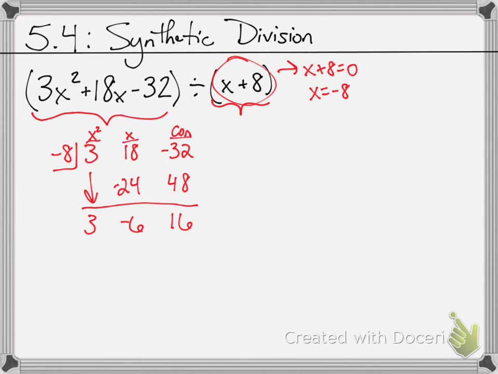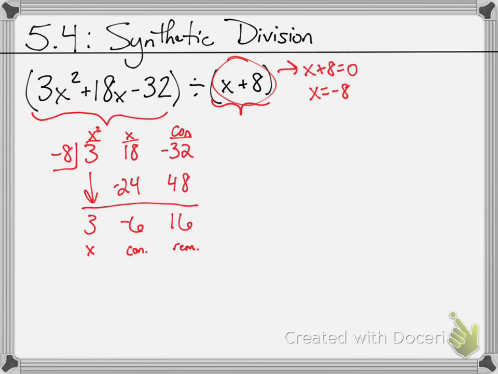My results at the bottom result in an x, a constant, and my last number is always the remainder. So basically, all the numbers at the bottom row go down a degree of 1. If I start with an x squared, my row at the bottom is going to start with an x. You'll see in a couple of problems here, I'll start with an x cubed or something else. That means we'll start with something that ends up being an x squared in that bottom row, etc. So everything goes down a degree of 1.